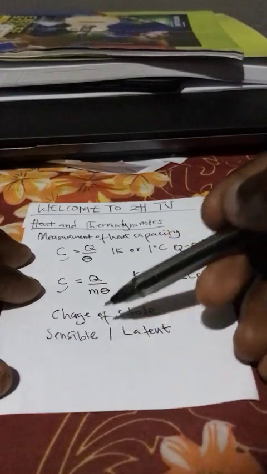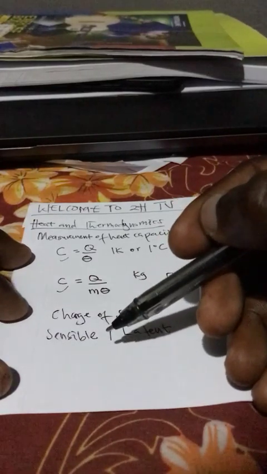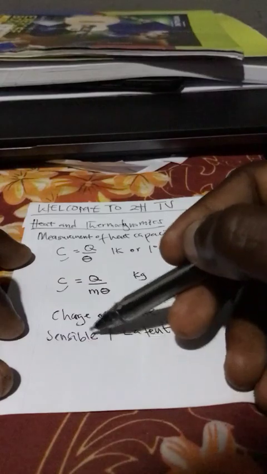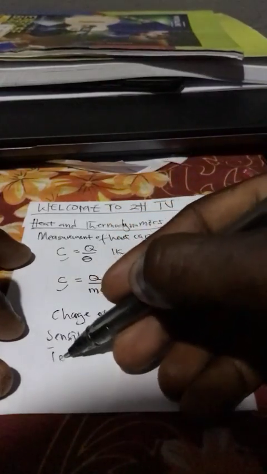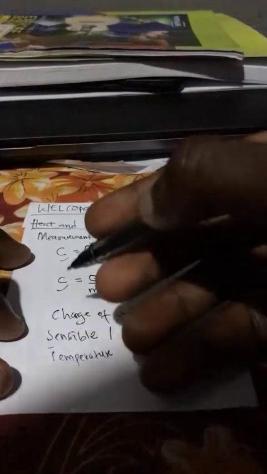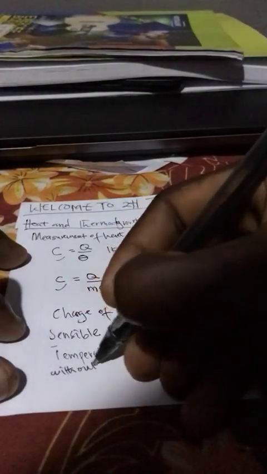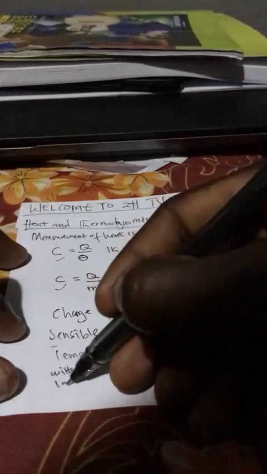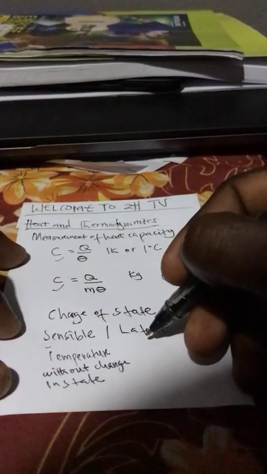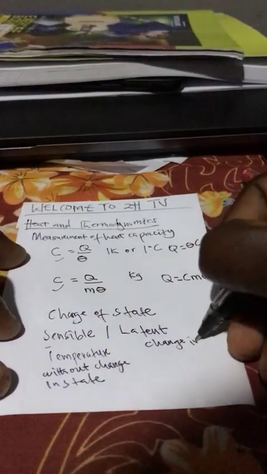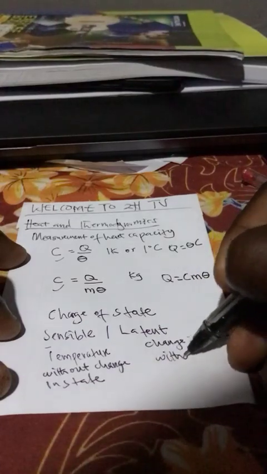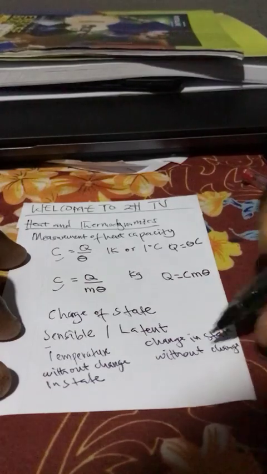Let's look at what sensible heat is. Sensible, as the name suggests, something sensed, meaning it is sensed through temperature. So sensible heat is the type of heat that changes the temperature, that is, change in temperature without change in state. Then with latent heat, there is change in state without change in temperature.